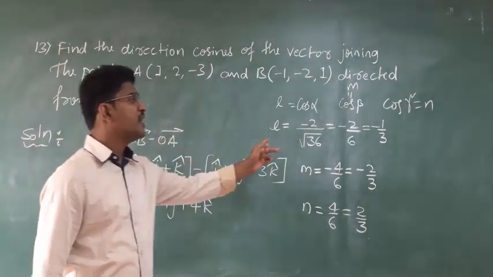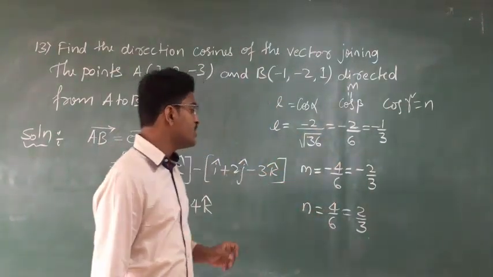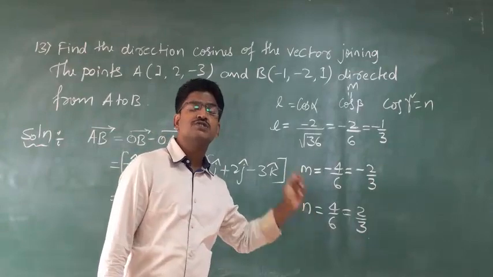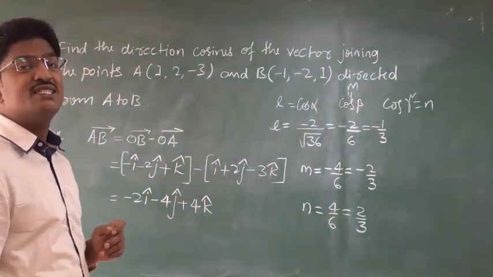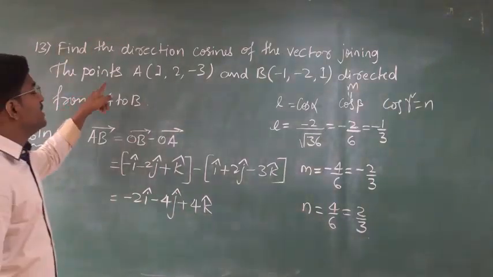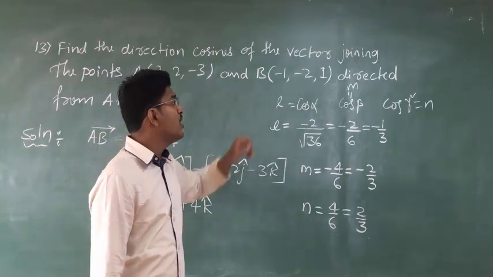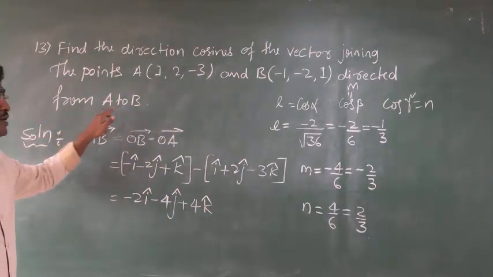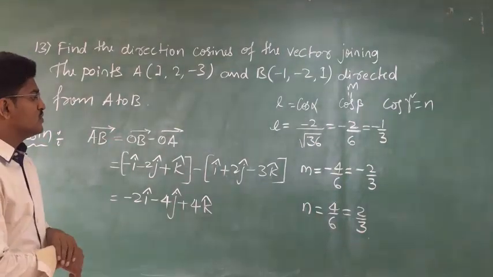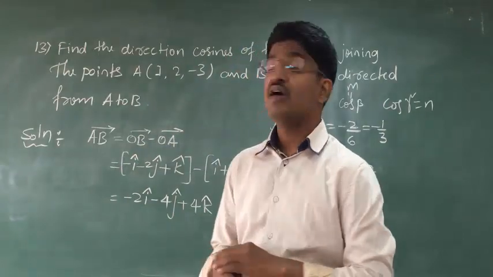So cos alpha is minus 1 by 3, cos beta is minus 2 by 3, cos gamma is plus 2 by 3. Clear? So these are the direction cosines of the vector from A(1, 2, -3) to B(-1, -2, 1), directed from A to B. Clear? So this gives you the solution for question number 13.